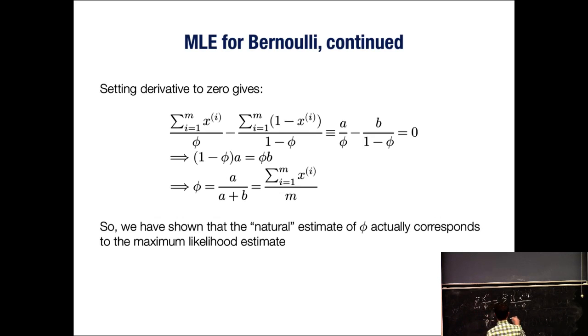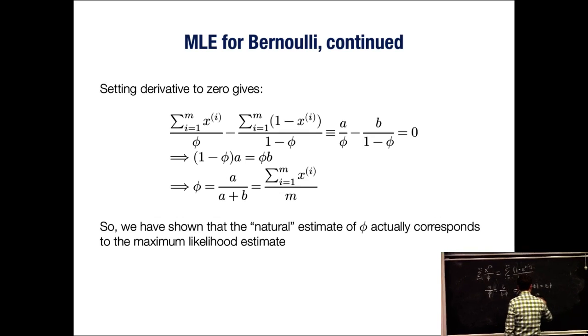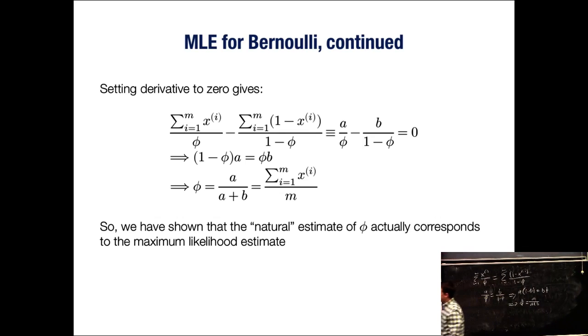In other words, a times (1 minus phi) equals b times phi, or phi equals a over (a plus b). In other words, phi equals the number of times we've seen a 1 divided by the number of times we've seen a 1 plus the number of times we've seen a 0, which is the total number of examples we've seen.